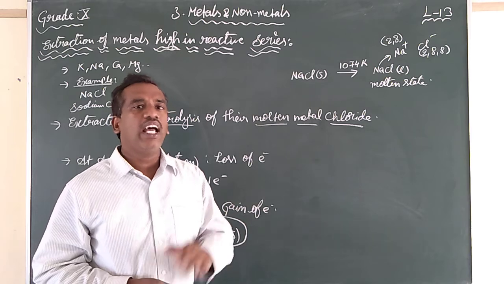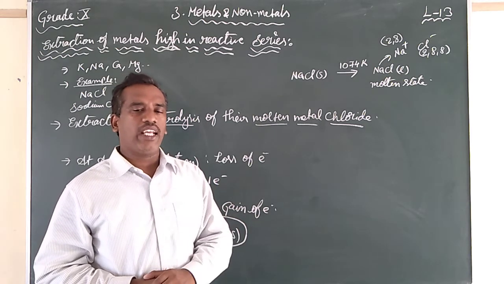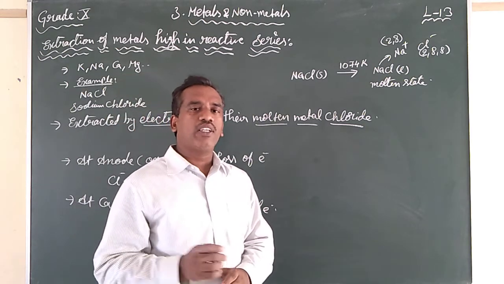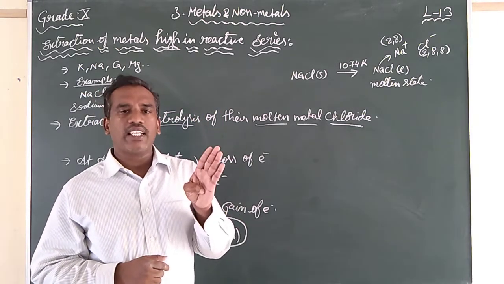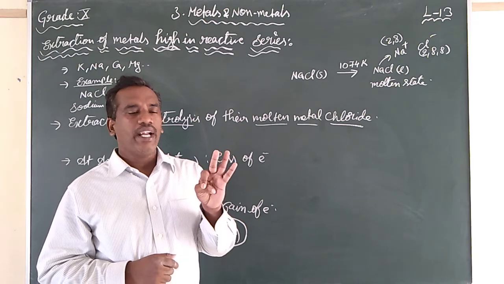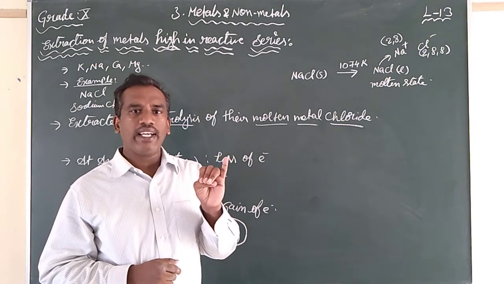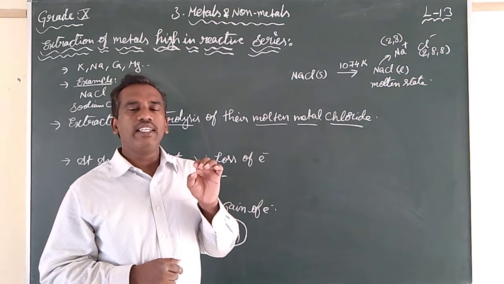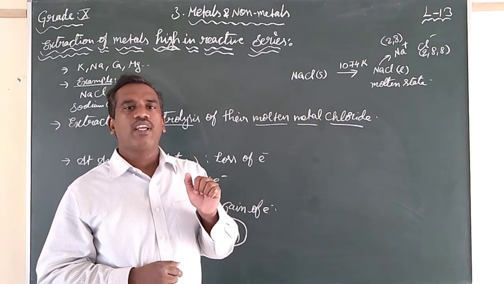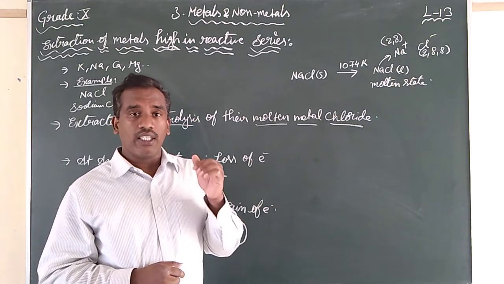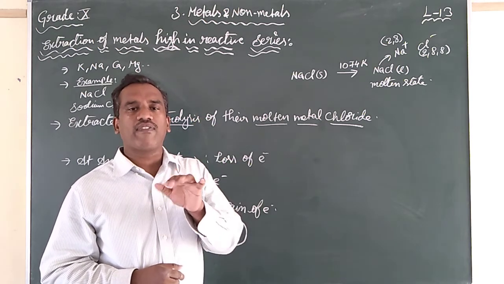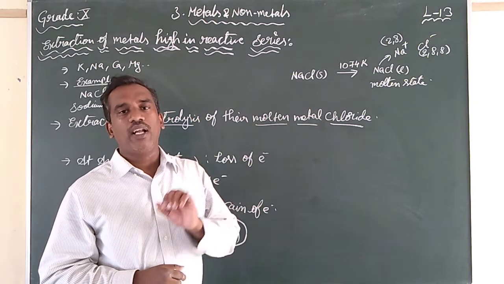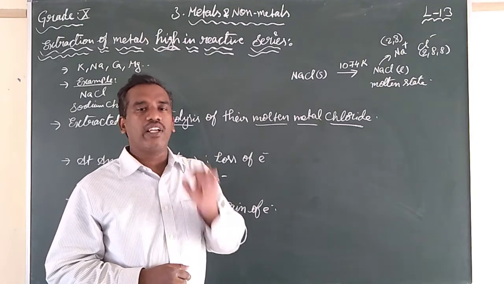We apply it for metals like zinc, copper, tin, lead, silver. These metals are refined, meaning the metal extracted with some impurities is further refined, and impurities are removed by electrolytic refining.